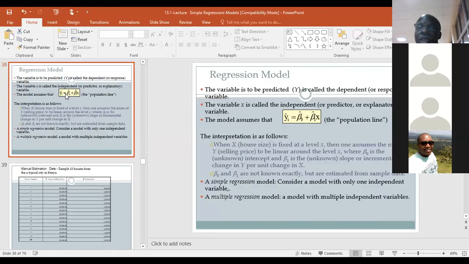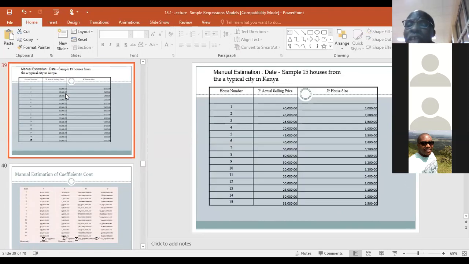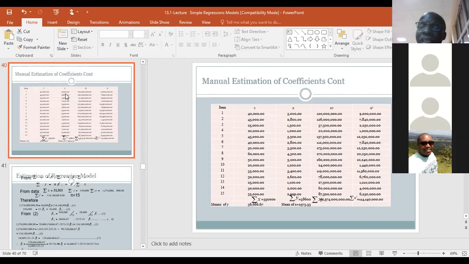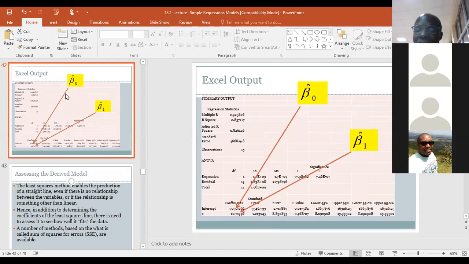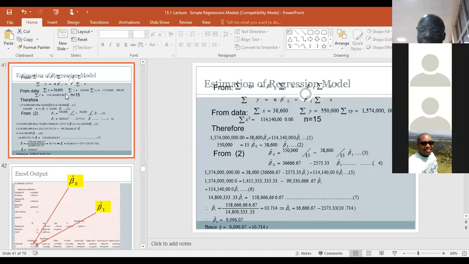This model was to determine a line for actual selling price and house size. The selling price was influenced by the house size. Then we built a model. This is the procedure. I determined beta naught and beta 1. Beta naught is equal to 9.096.